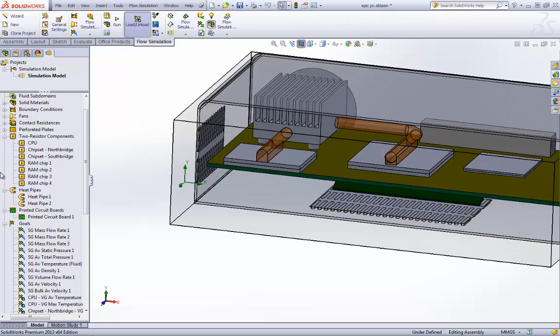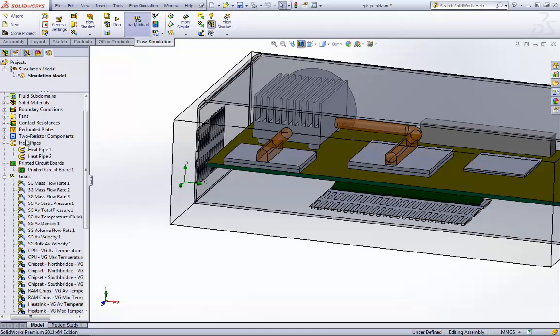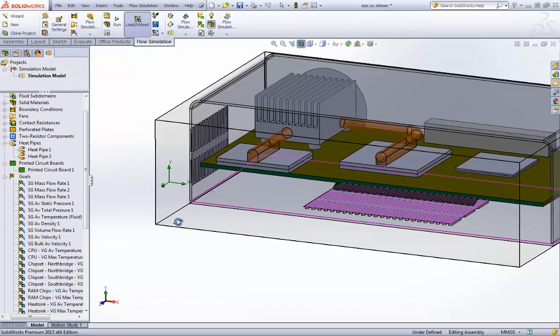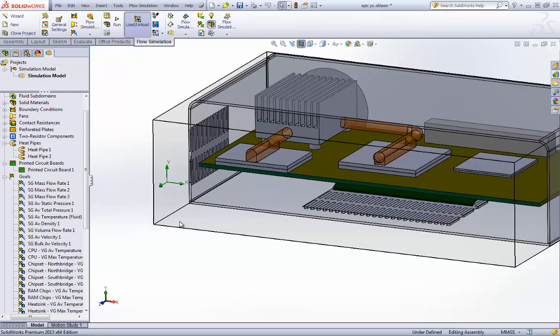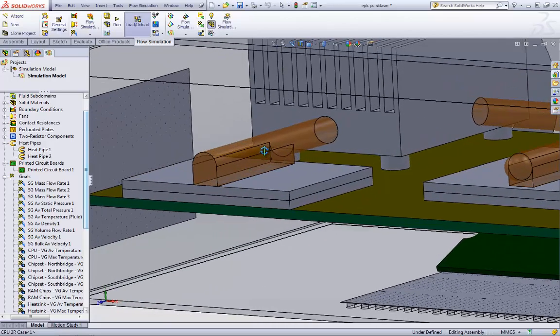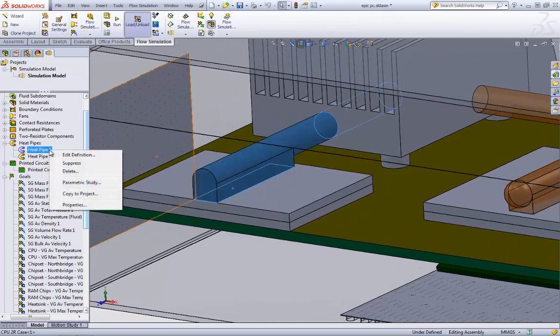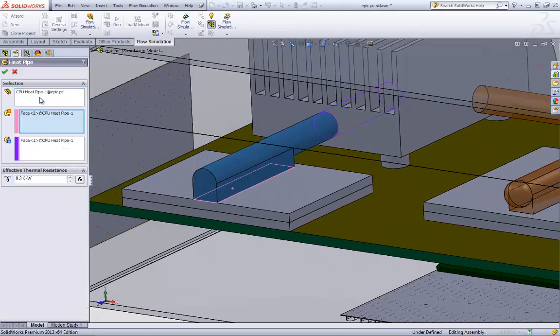Moving down the list, our heat pipes. Heat pipes are essentially a high thermal conductivity, low thermal resistance mover of heat, if you will. And to set these up, basically we model them in a solid, and we specify the component.